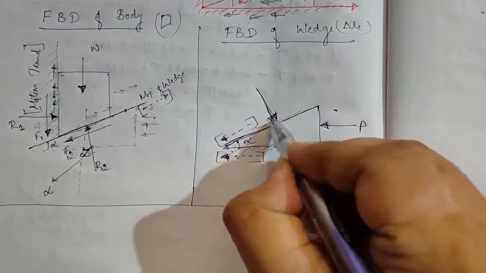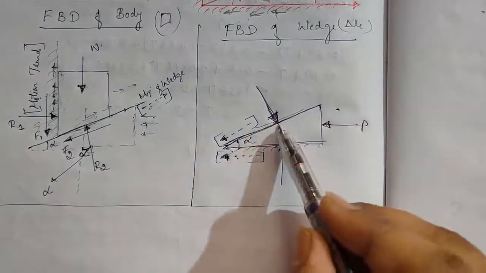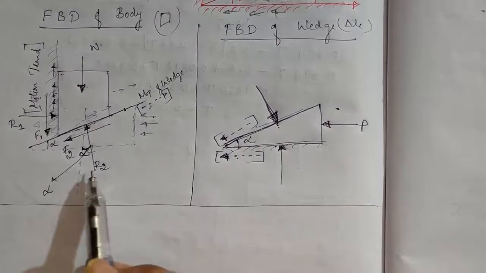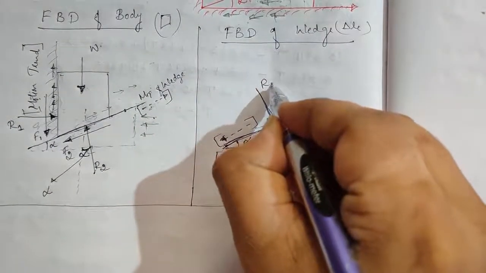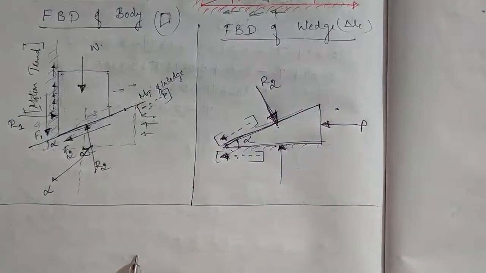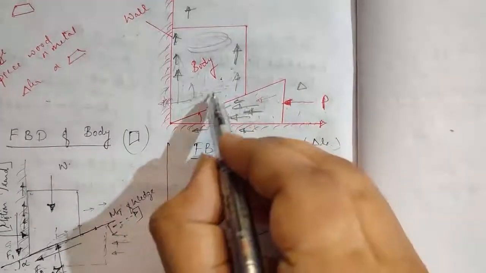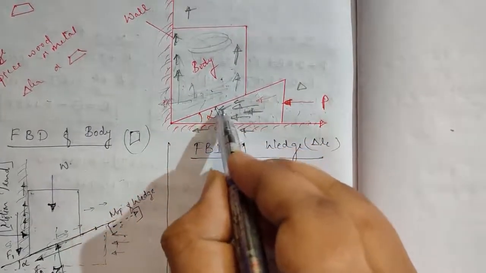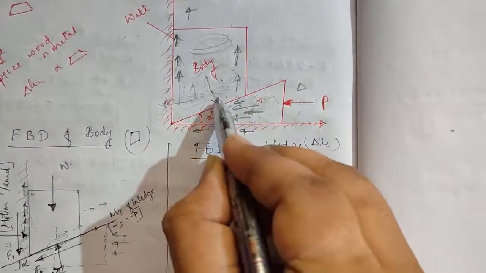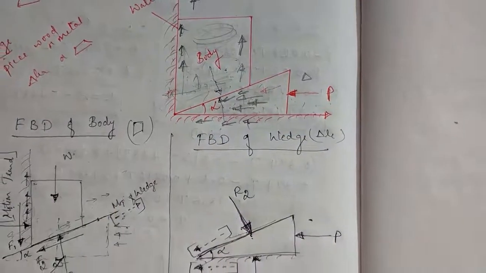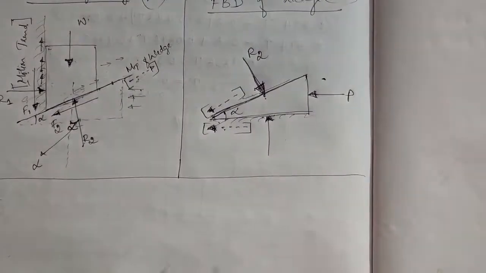This perpendicular is nothing but this R2, the same R2 will work here. For this one, the R2 will be like this. For this one, the R2 will be from up, like this. So same R2.